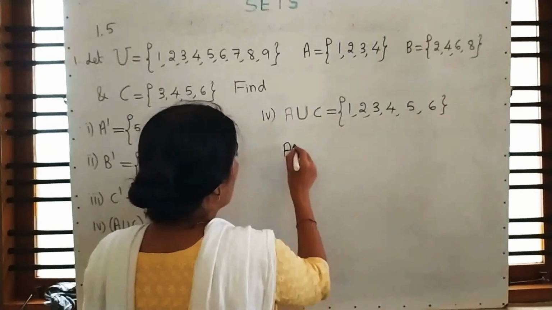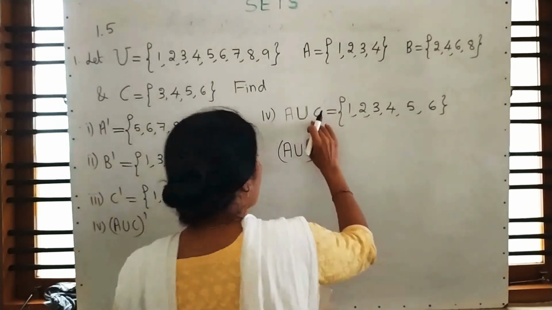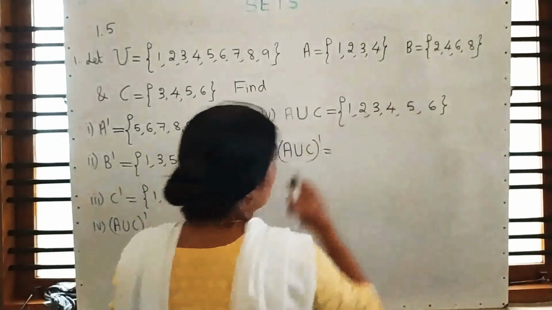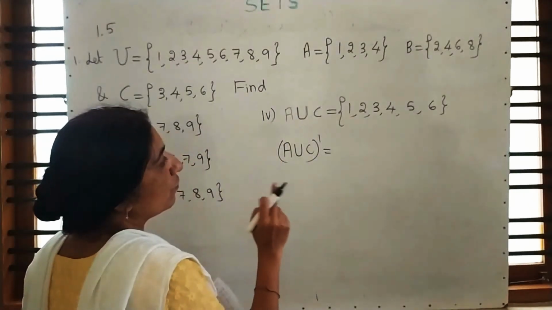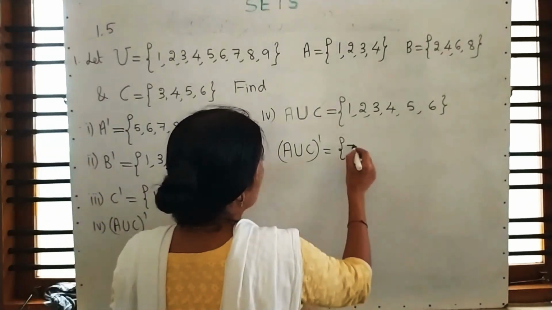Now write down the complement of this set. That means compare this set with the universal set. Those that are present in this, don't write. 1, 2, 3, 4, 5, 6 are present, so write down 7, 8, 9.